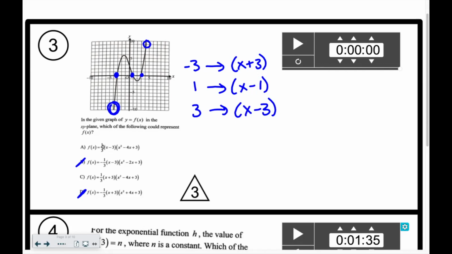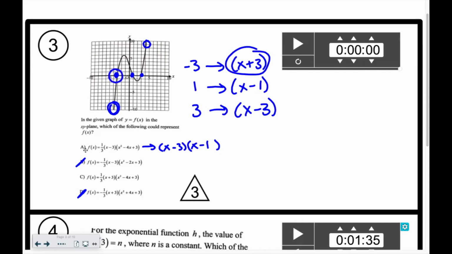So I'm going to start with A and factor this one further. Hopefully we know our factoring. We got x and x. Two numbers that multiply to 3 and add to -4 are -3 and -1. So this tells me that this is the wrong answer because I don't have the factor x plus 3 to give me this x-intercept.